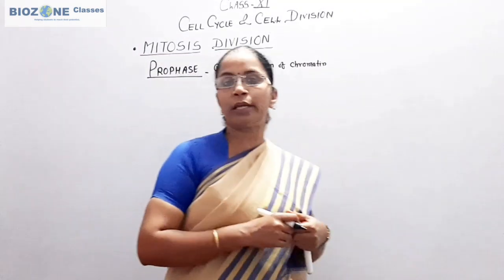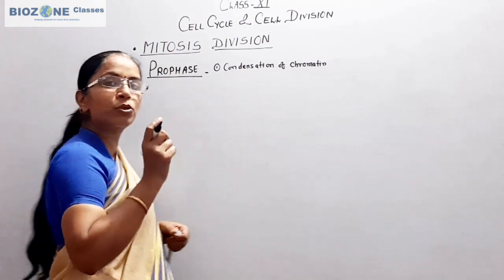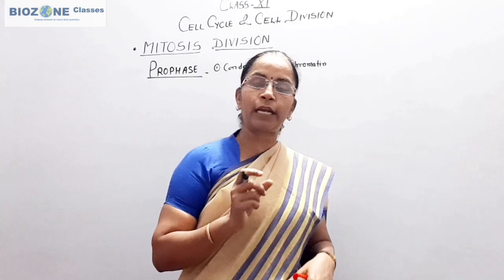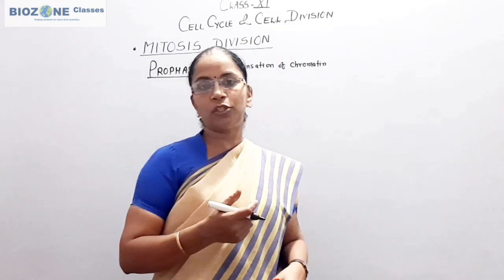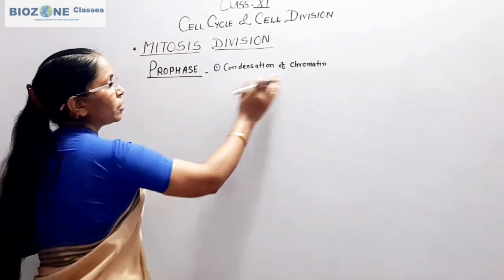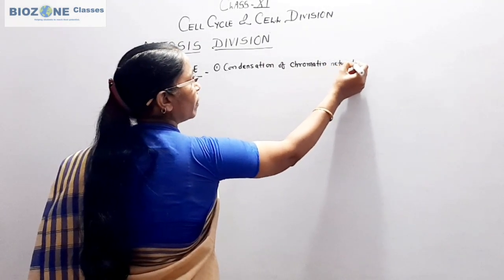Now slowly these chromatin fibers undergo condensation, that means chromatin becomes chromonema, which condenses to form chromatid, and further condensation results in the appearance of the chromosome. So remember the condensation of the chromatin network or chromatin thread.